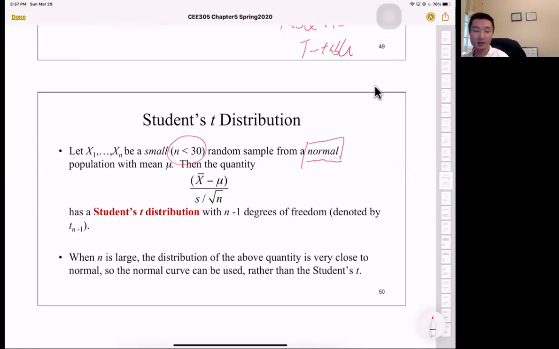Then the t value is defined here: this is the sample mean minus population mean, here is the sample standard deviation s, and this is the sample size n. For student's t distribution, there's another parameter called degree of freedom. The degree of freedom is equal to n minus 1, which is the sample size minus 1.